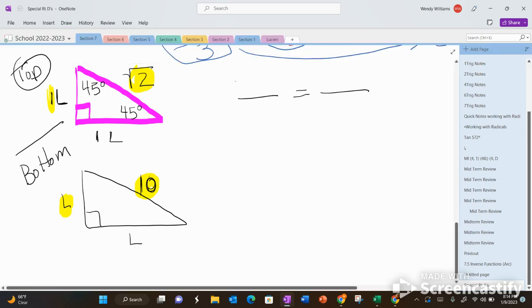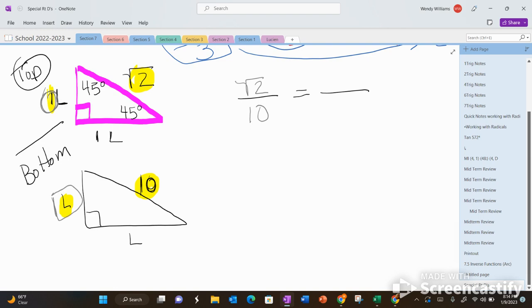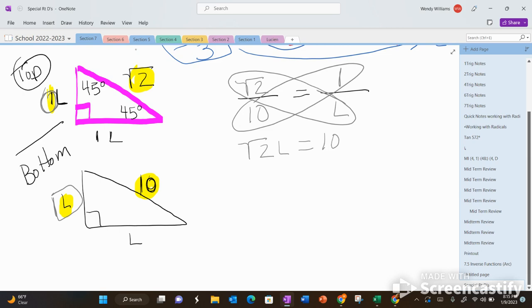Here we go. Square root of 2 compares to 10 as 1 compares to L. Square root of 2 times L equals 10 to 1 is 10. Divide each side by the square root of 2.